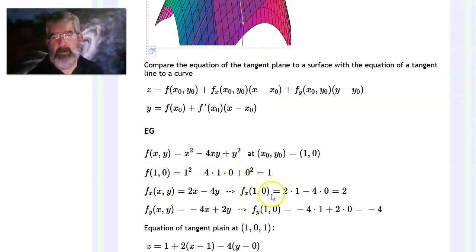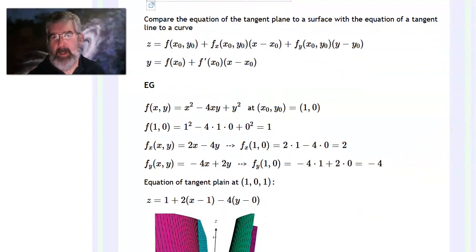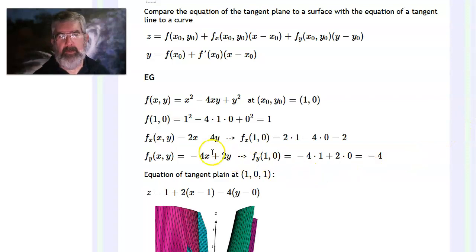Plugging in the point I'm interested in, the partial with respect to x evaluated at 1, 0 is 2 times 1 minus 4 times 0, which is 2, and the partial with respect to y at 1, 0 is minus 4 plus 0, which is -4. So those are the two partial derivatives, 2 and -4. And now I can write down the equation.